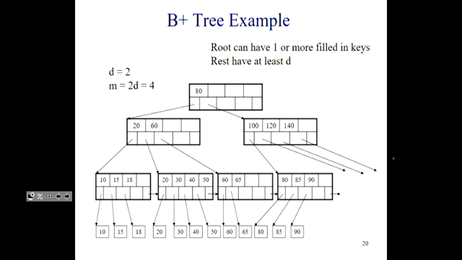Finally, for the leaves, as I mentioned earlier, you have one key and one pointer to one record for each of those keys. So you have one key for 10, 15, 18, and you have one record for each of those values.